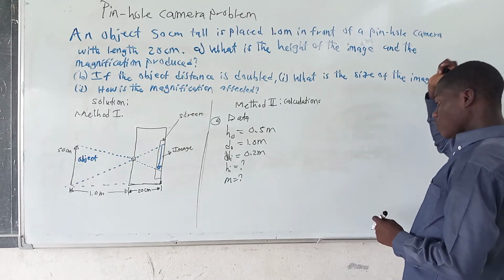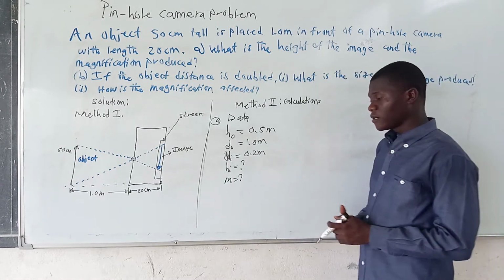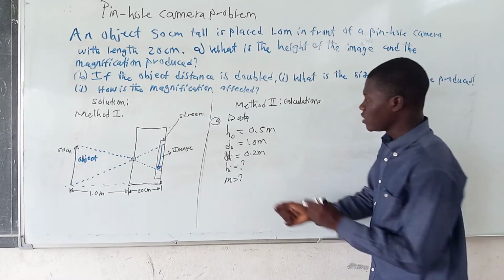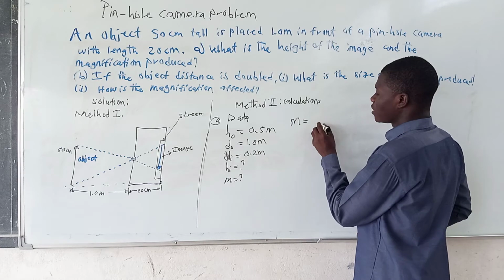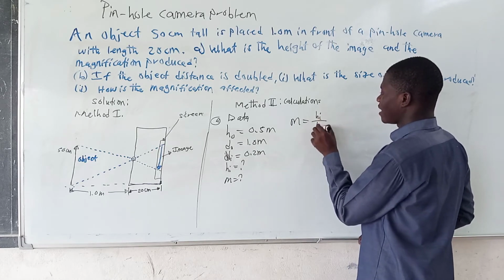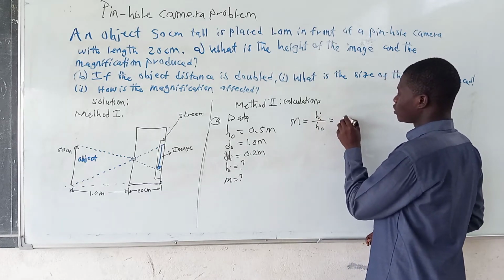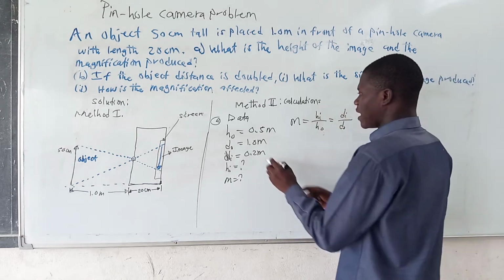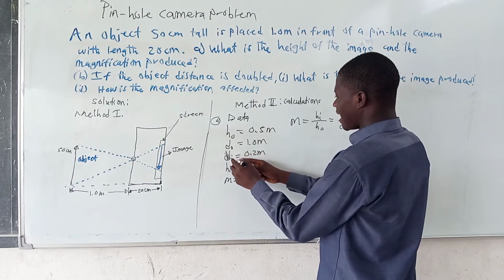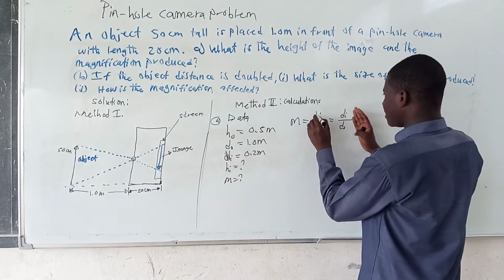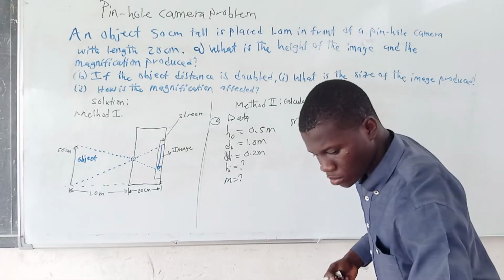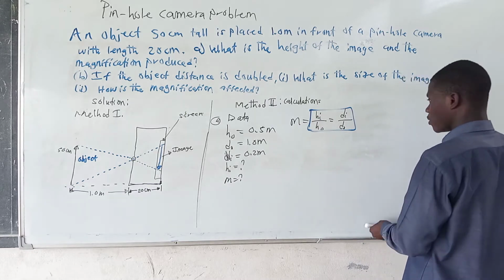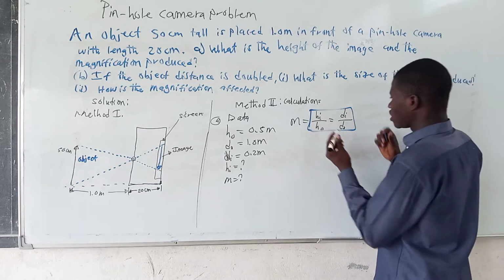Now, you must remember the magnification formula. We say that magnification M is equal to HI over HO, which will be equal to DI over DO. So if I have HO, DO, DI, I can find HI by using this portion right here to find my image height.